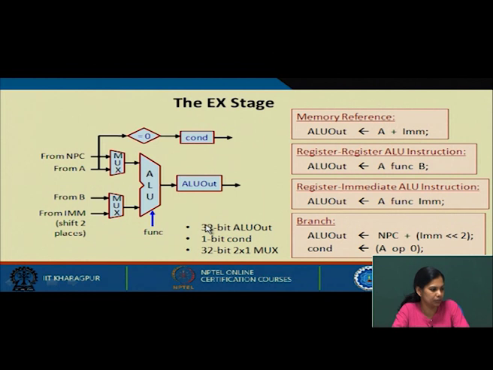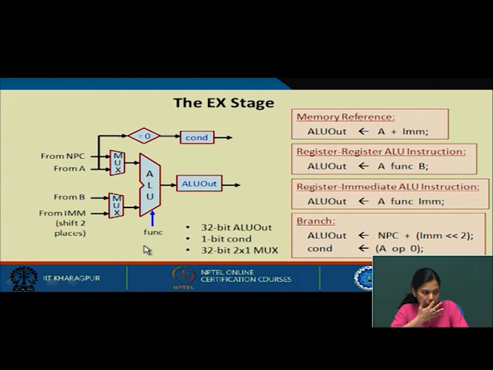For the execution, we know that there can be various kinds of operations: one can be memory reference, another can be register ALU instruction, register immediate ALU instruction, and one can be branch instruction. For all these kinds of instructions, this particular data path will be sufficient.